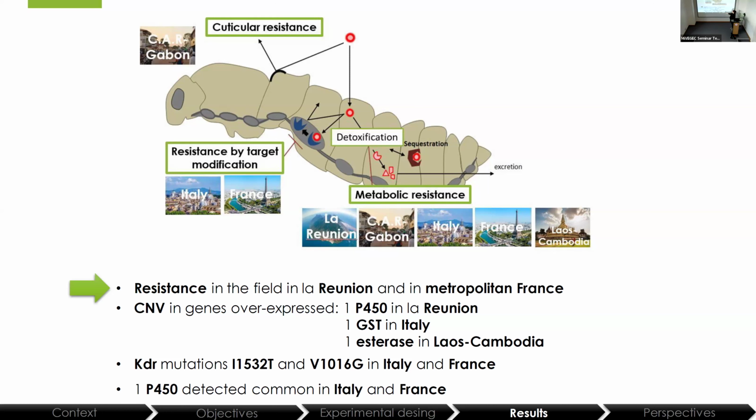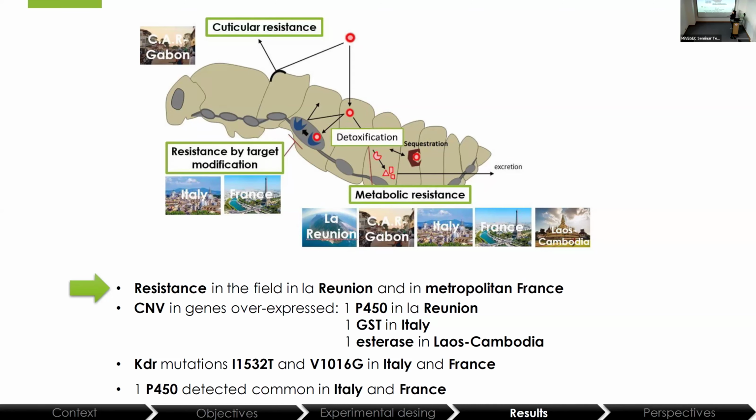We found a copy number variation in resistant lines for genes overexpressed, so 1 P450 in La Réunion, 1 GST in Italy, and 1 esterase in the populations from Laos and Cambodia. In France and Italy, we found 2 kdr mutations that are circulating in 5 populations.